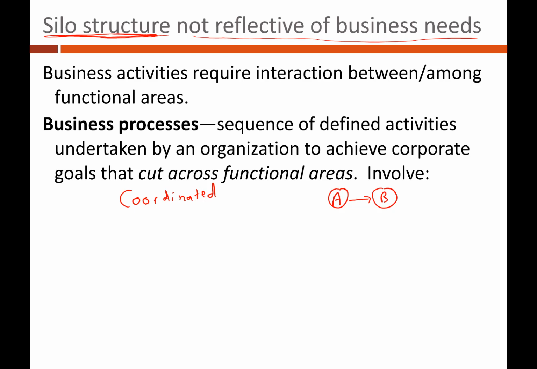What we don't want is for the people in one area to finish step A, write it down on a bunch of paper, and mail it to the people in another part of the organization, and 4 days later they know they can start with step B. We want this to be very coordinated so that as soon as one thing finishes, we can start on the next thing right away so that we can achieve efficiency.